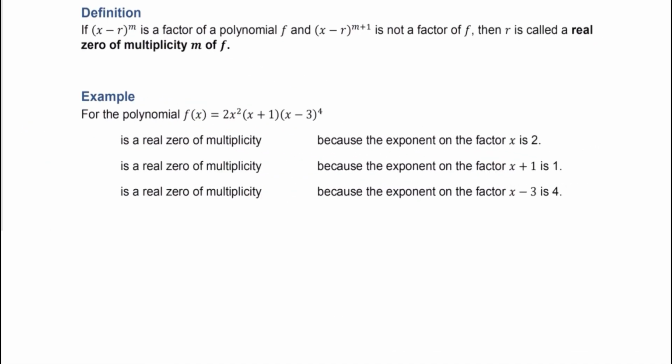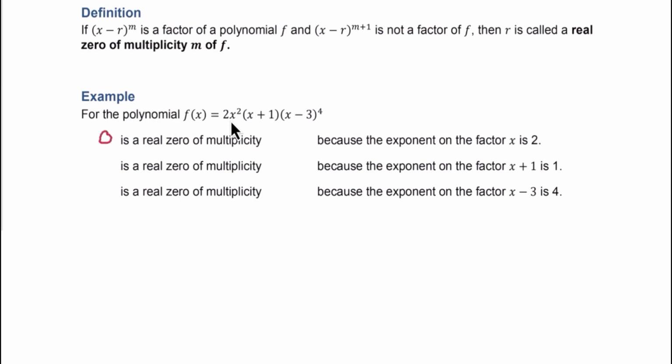If x minus r raised to the m is a factor of a polynomial f, and x minus r raised to the m plus 1 is not a factor of f, then r is called a real zero of multiplicity m of f. For example, for the polynomial f, when it's in factored form, we can easily identify the zeros. Notice the first 0 is going to be 0.